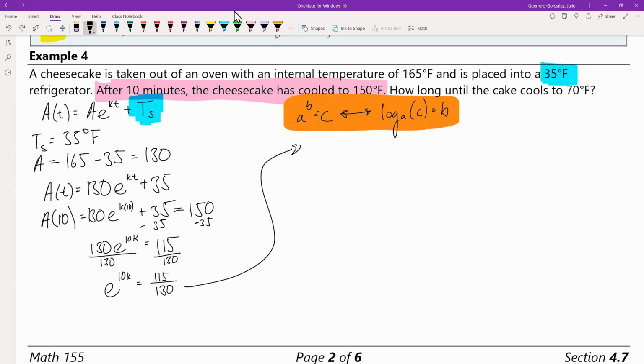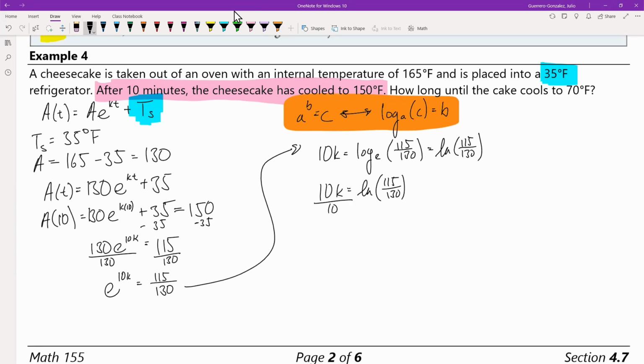So this is going to be 10k is equal to log base e of 115 over 130, or the ln of 115 over 130, right?